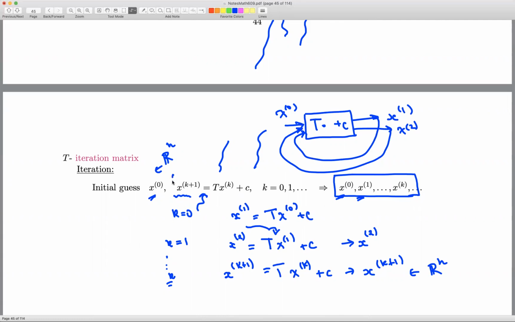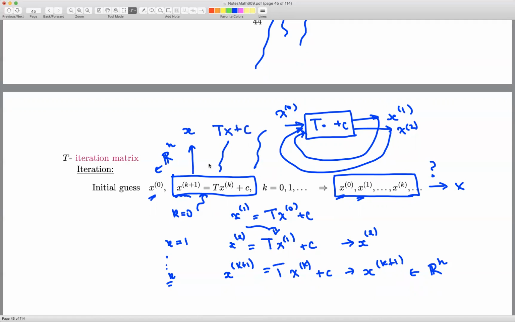So if we look at this equation here, x_{k+1} will converge to, let's say this sequence converges to x. Again, it's a question whether it converges or not, but for a moment, let us assume that it converges to x. So x_{k+1} converges to x, x_k converges to x, so T of x_k will converge to T of x, and c will be a constant.